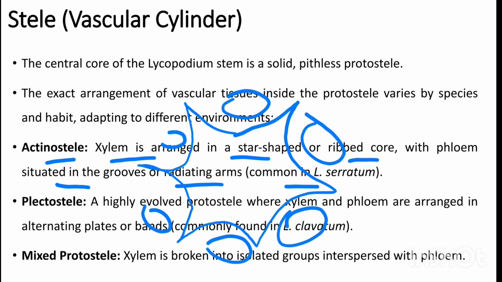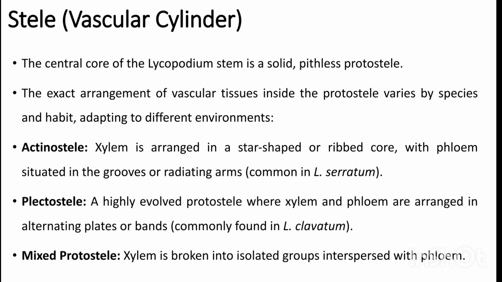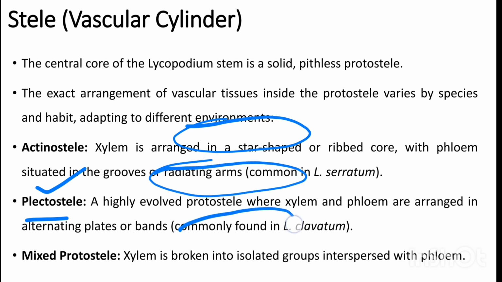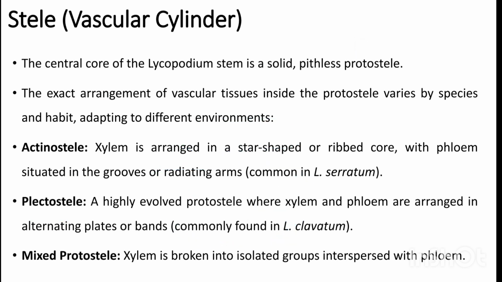Some species show the plectostelic condition, where xylem bands are placed like plates. Some show mixed protostele, where xylem is broken into isolated groups and distributed throughout the phloem. So these are different types of stele present in different species of Lycopodium.